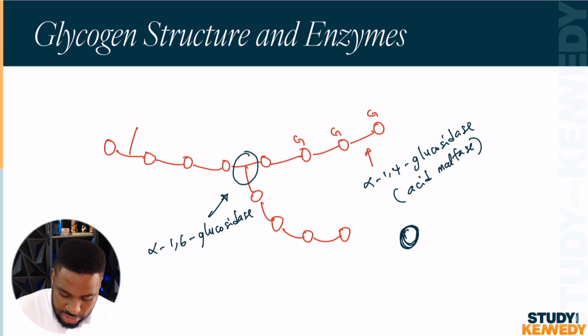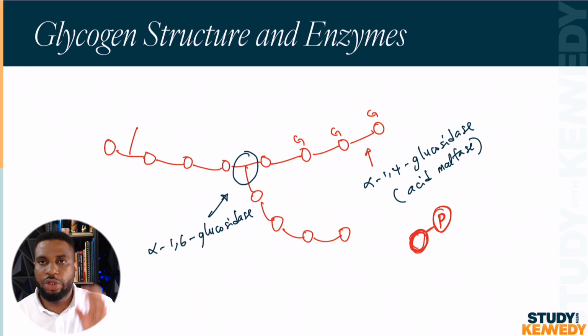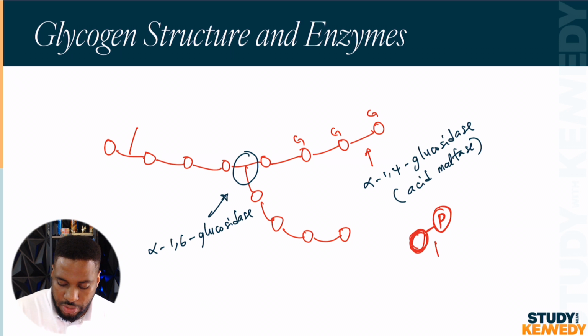I think I like my glucose in red. So let's make glucose red. This is glucose. You want to note that this glucose molecule is phosphorylated. Okay, so each of these individual glucose molecules actually has a phosphate group on them. But what we want is glucose, not glucose phosphate. So we need another enzyme to remove that phosphate group.